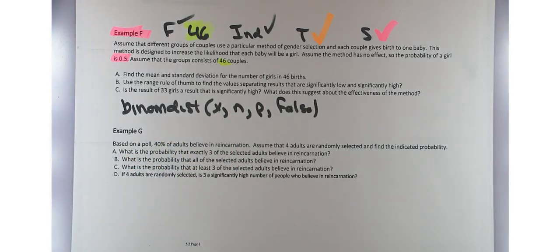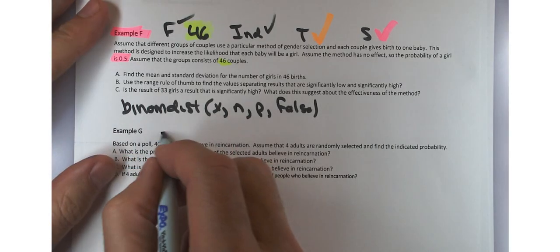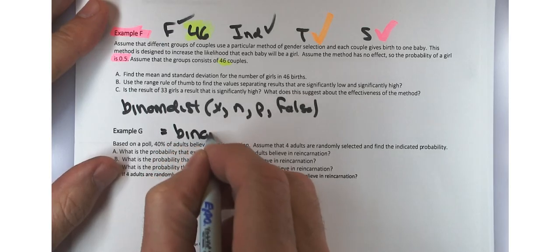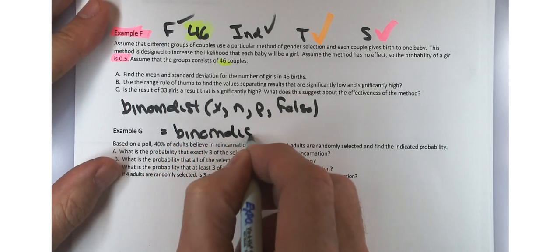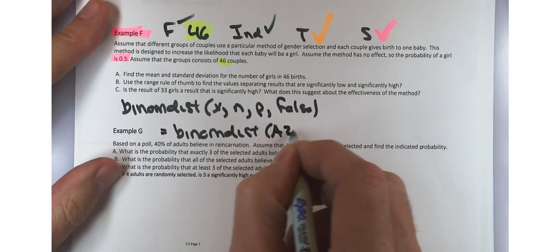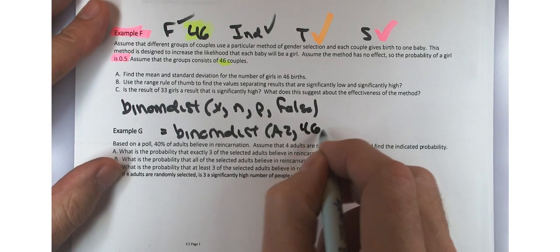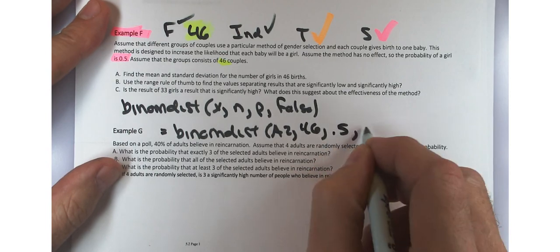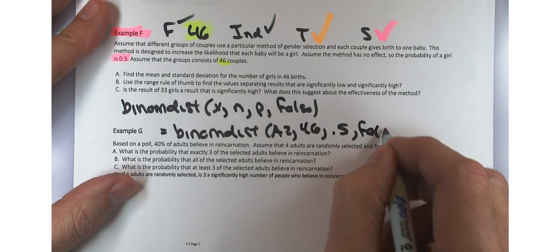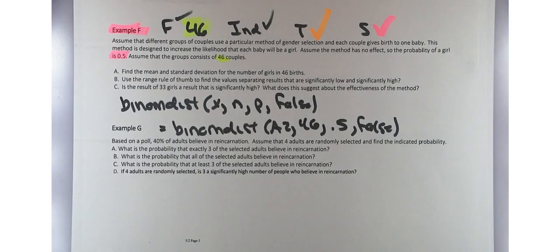In our particular case, I'm going to do binom dist of A2, which is going to refer to the previous column, 46, comma, 0.5, comma, false. So that's going to be the generic command that I've typed in for myself.